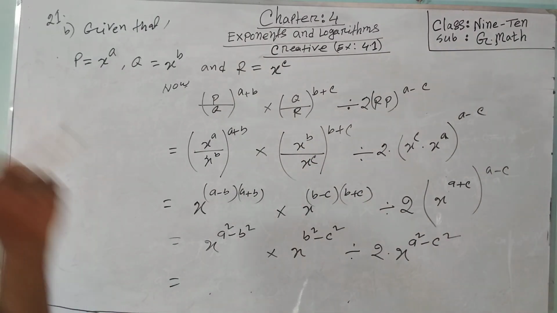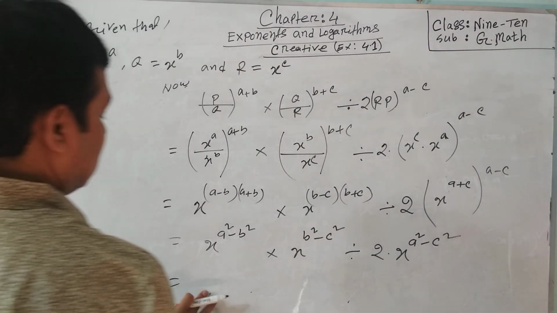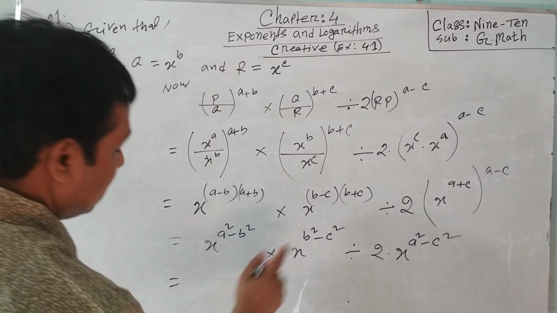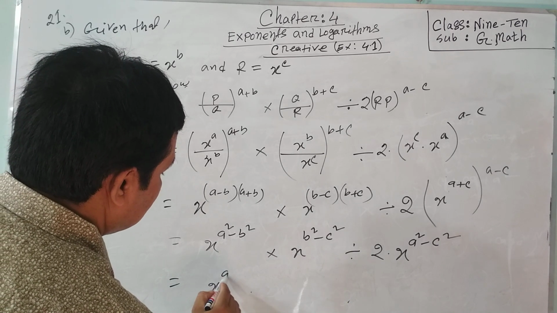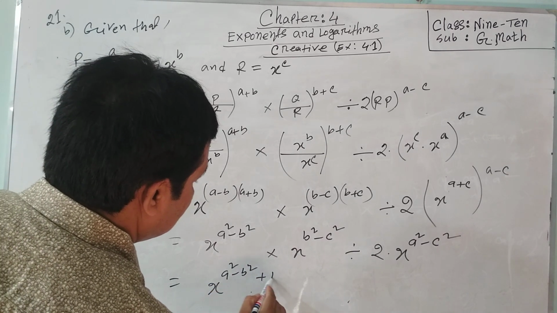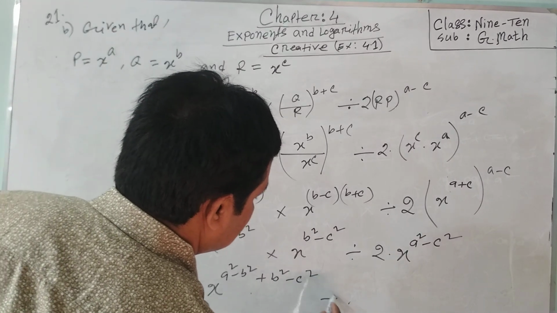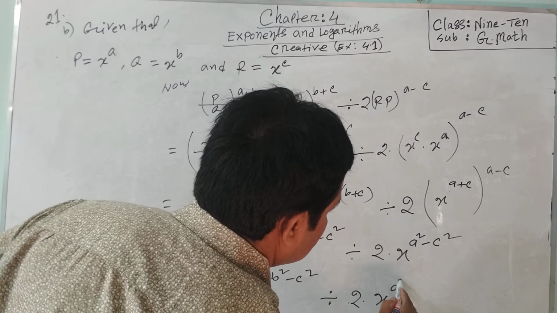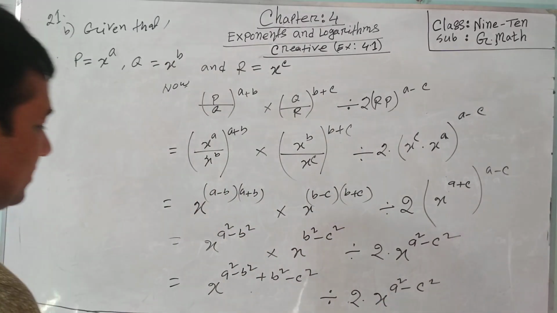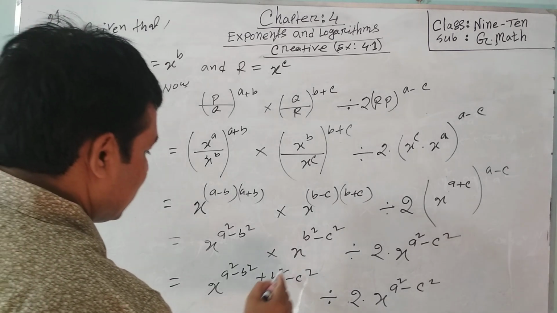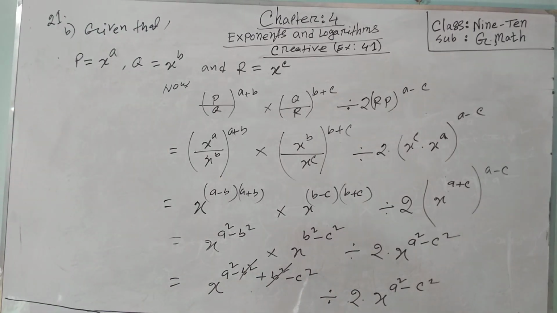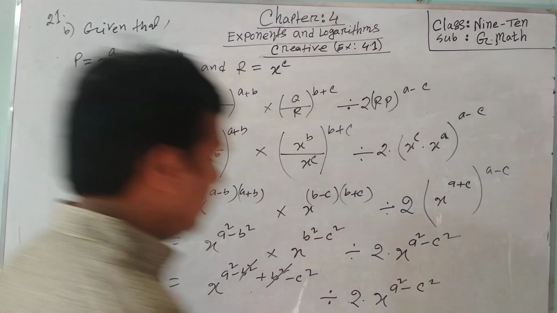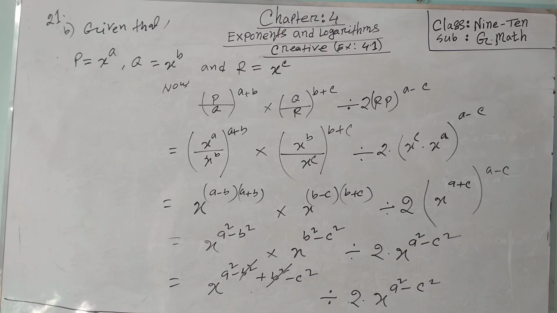So we have to write here: the base is the same, in multiplication the powers will be added. x to the power a square minus b square plus b square minus c square, division 2 into x to the power a square minus c square. Plus b square minus b square, delete. Okay, write down very quick.